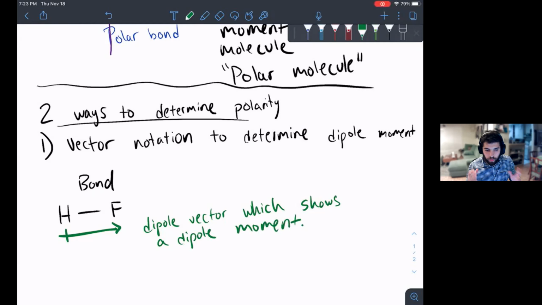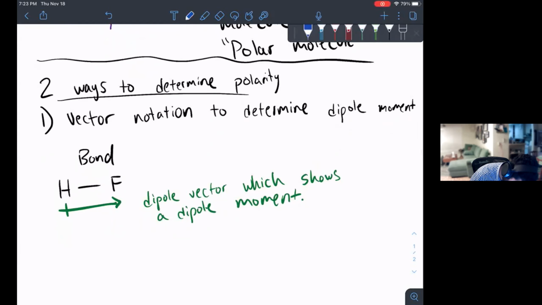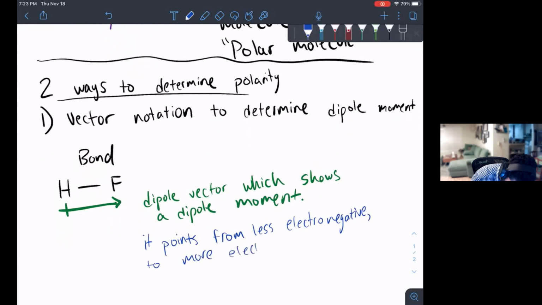It usually goes from the less electronegative to the more electronegative. It points from less electronegative to more electronegative.